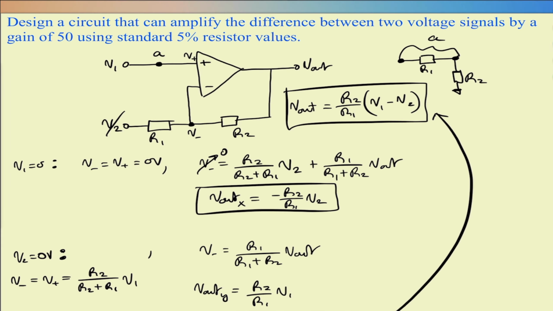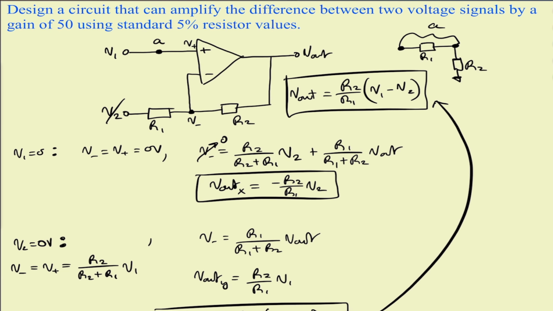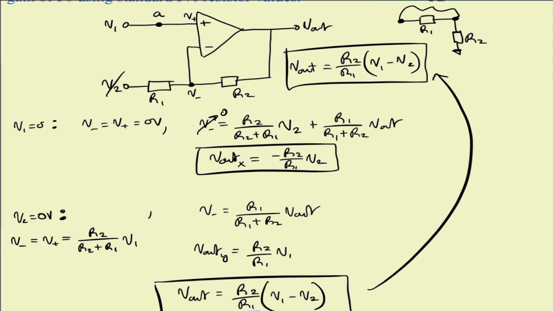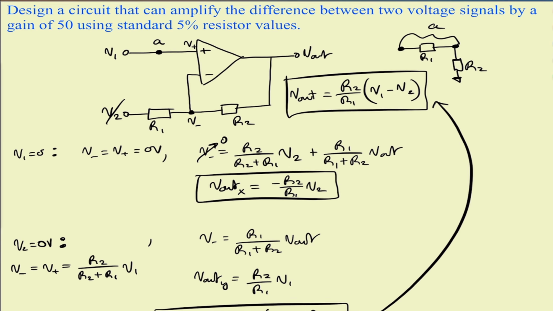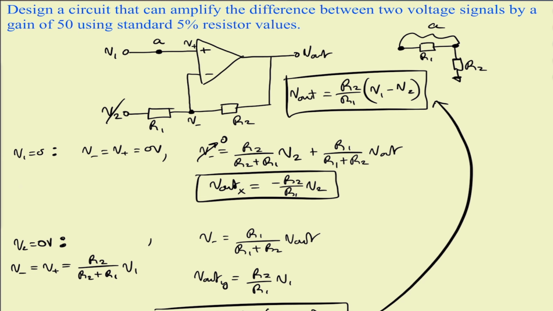And by designing our difference amplifier circuit with an attenuation network, we then get a common R2 over R1. And by doing that, we can see that we can amplify the difference between two voltage signals by a gain of 50. And that's it for today's problem.